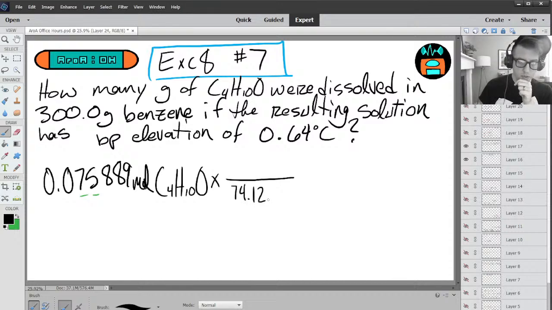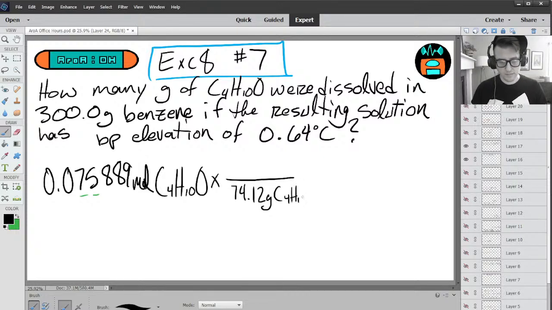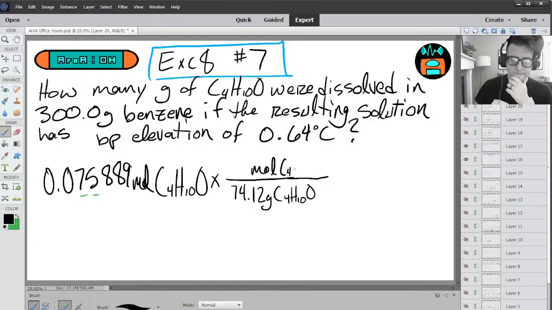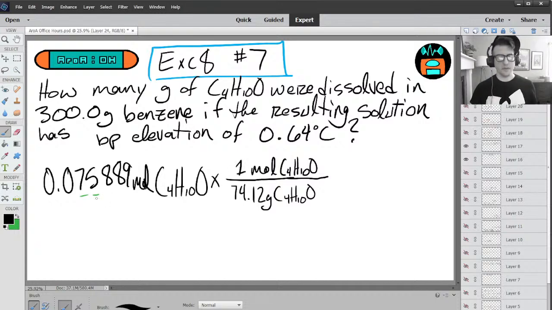And there's 74.12 grams. What am I doing?